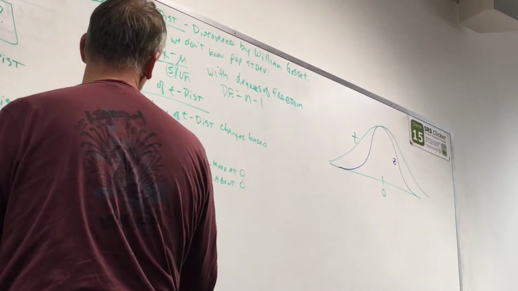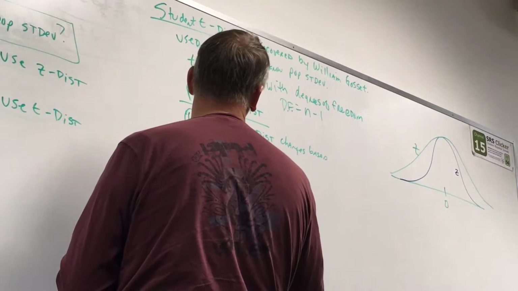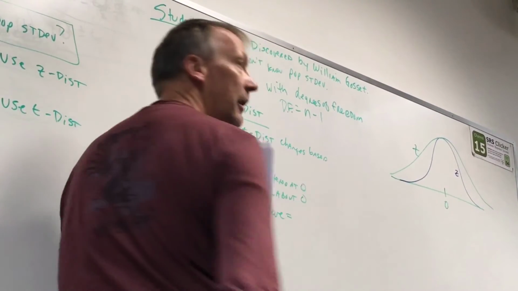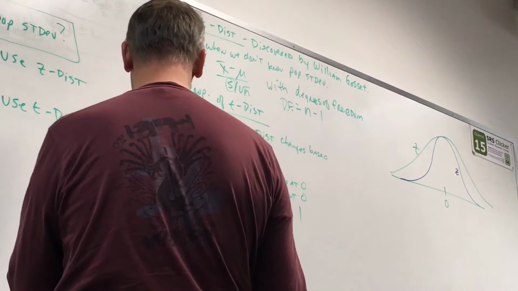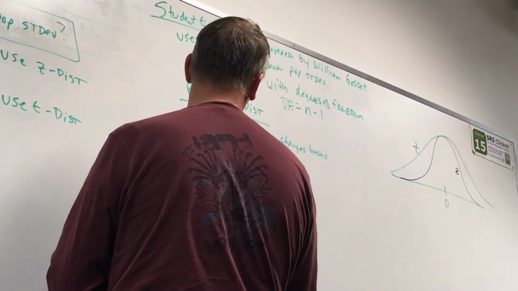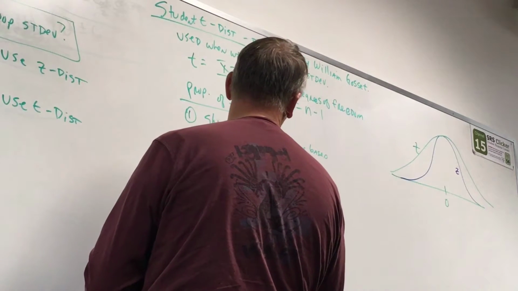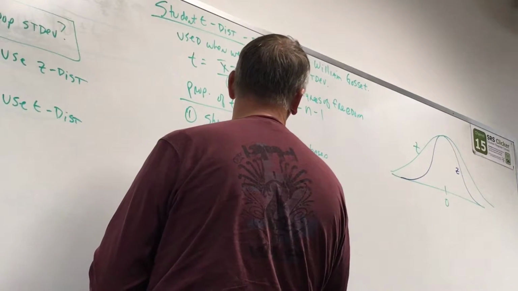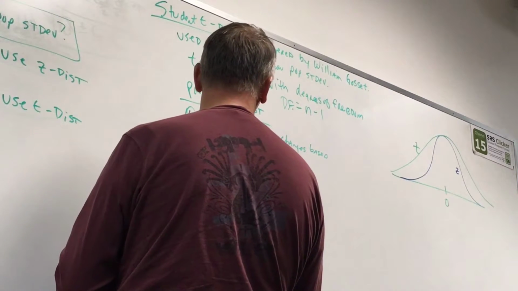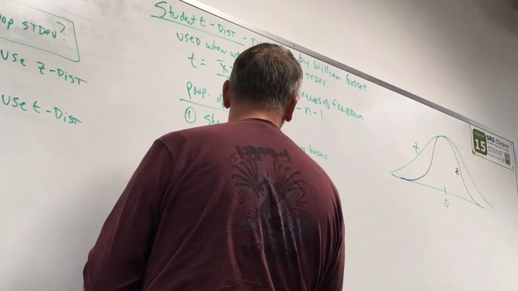I'll let you know this third property, the area under the curve. What do you think that equals? Equals 1. Number 4, as t increases at each end, the graph approaches 0.